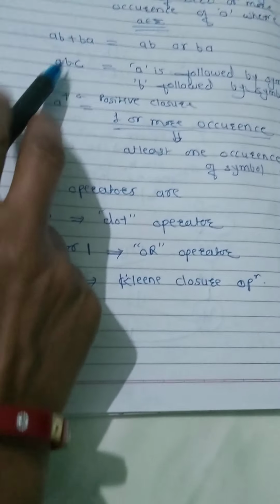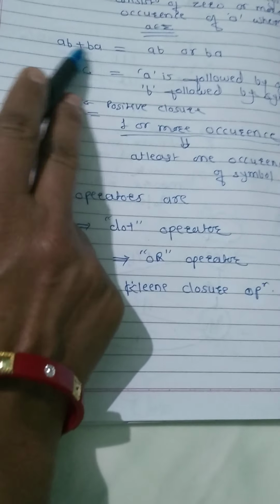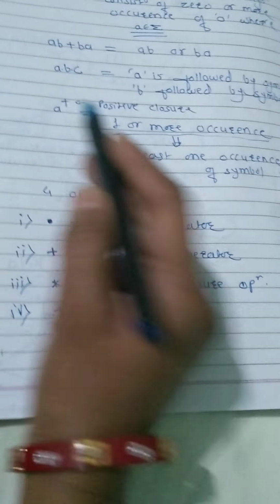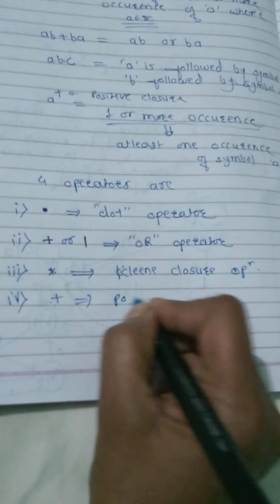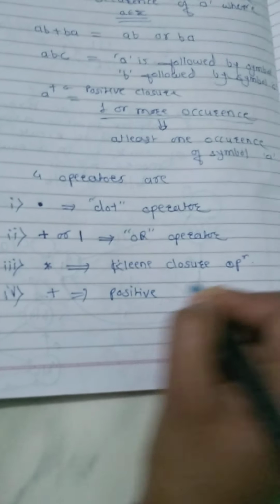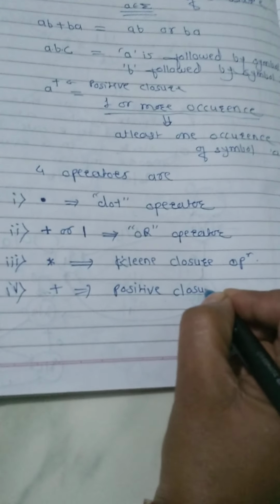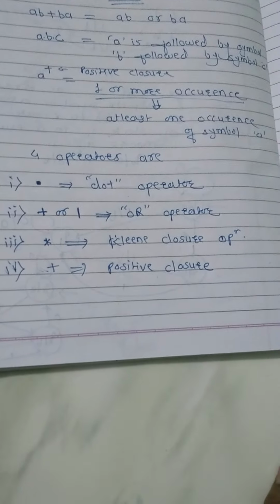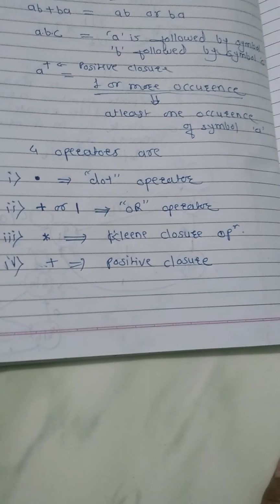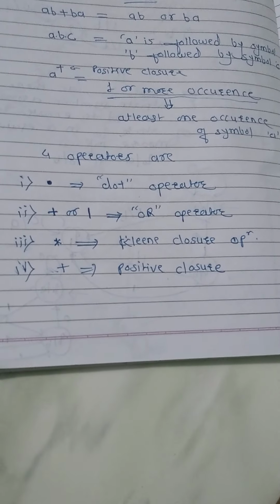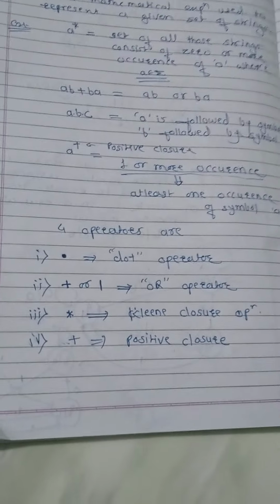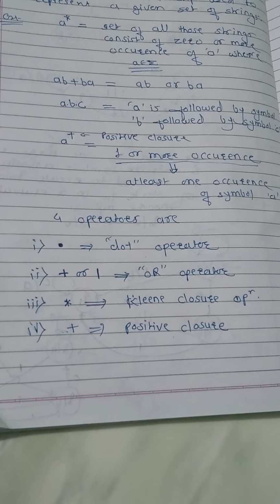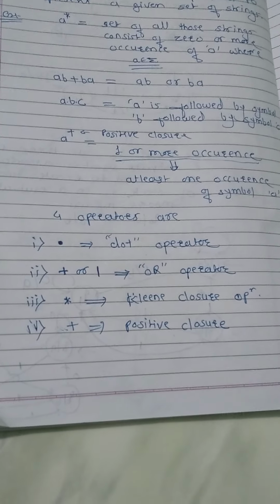I have told if it is between the regular expressions, then it is known as an OR operator, and if it is at a power place, then it will be known as a positive closure. So these are the four operators used to write a regular expression for any regular language. So this is the regular expression, few examples, and then four operators.